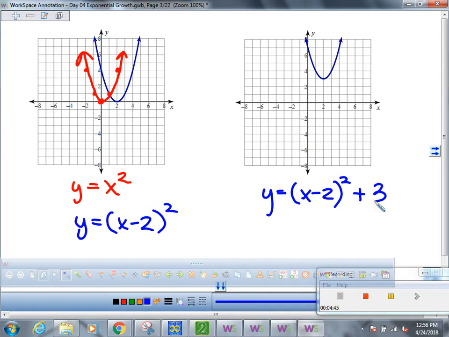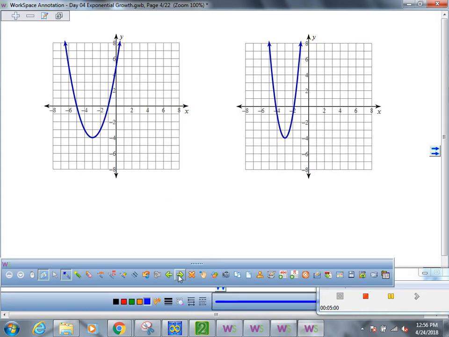All right, let's look at another one. What about the one on the left? It's going to the left 3, so x plus 3, and going down 1, 2, 3, 4. Sorry, going down 4.